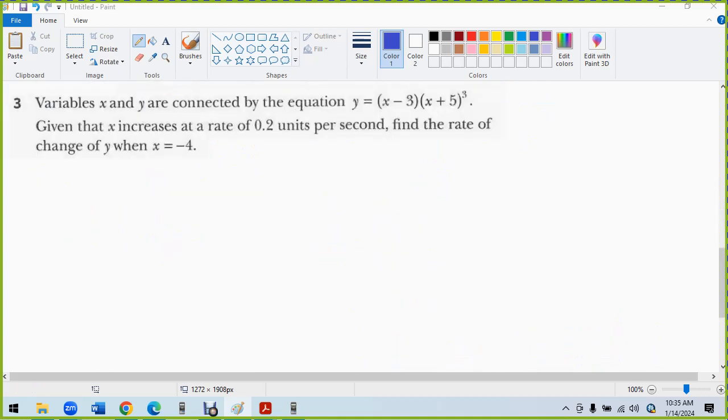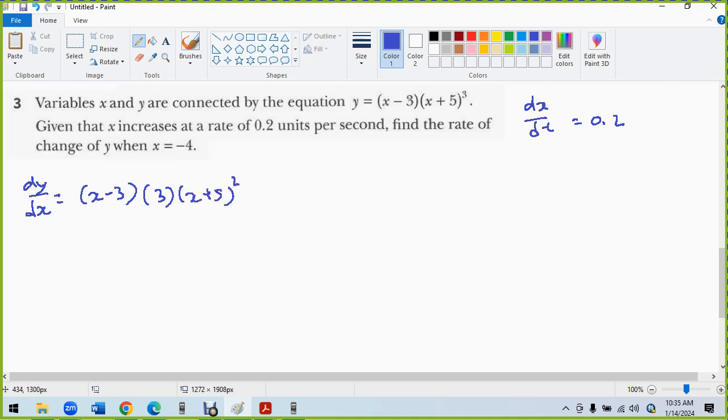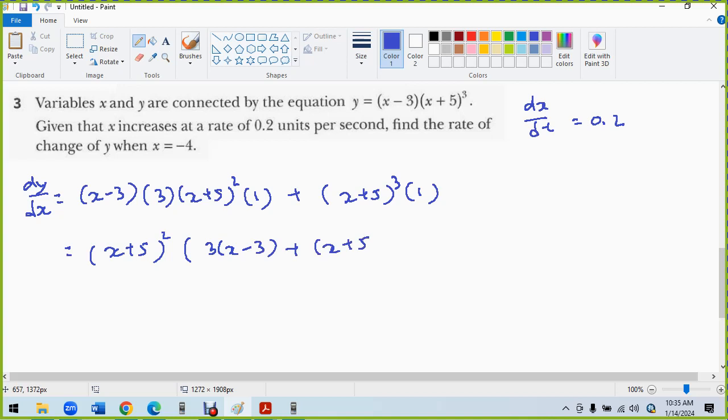Variables x and y are connected by this equation. x increases at a rate, so dx/dt is 0.2. The dy/dx is (x minus 3) times (x plus 5) to the power 2, times 1, plus (x plus 5) to the power 3, times 1. So this will become (x plus 5) squared times (3x minus 3 plus x plus 5).